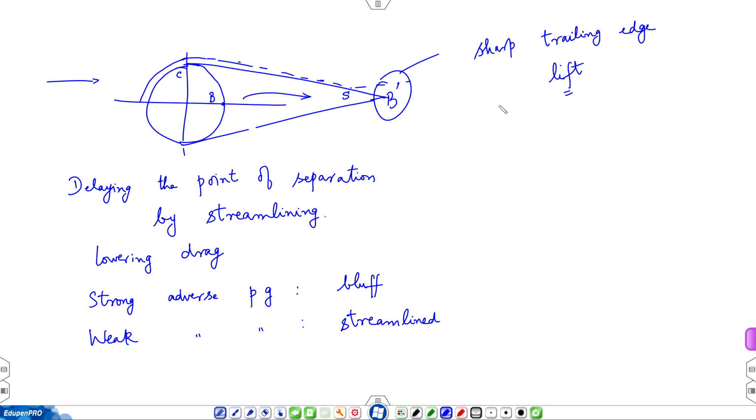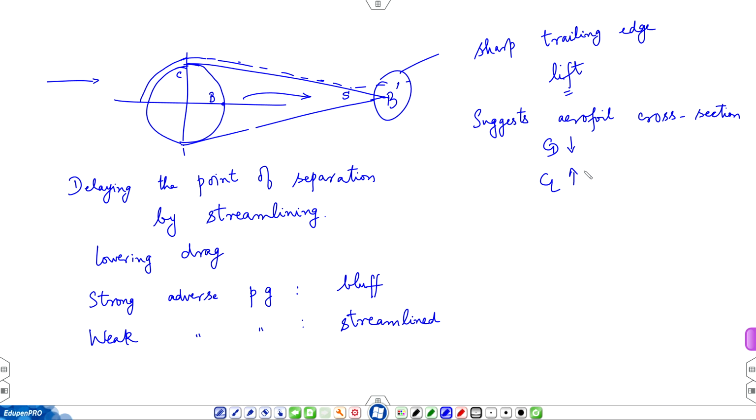So, this aerofoil cross section. The process of streamlining suggests an aerofoil cross section, for which CD is small and CL is large.